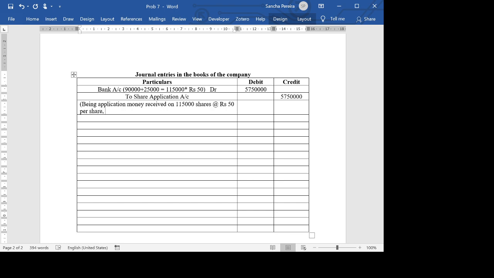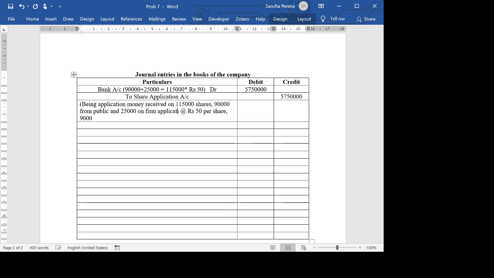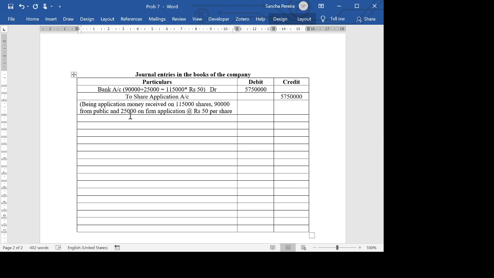You can also show 90,000 from public, and 25,000 on firm application, at the rate of rupees 50 per share.